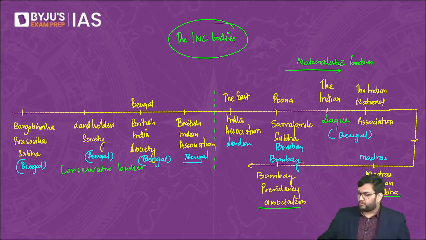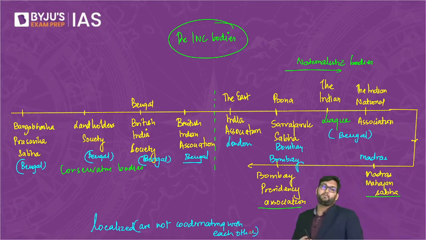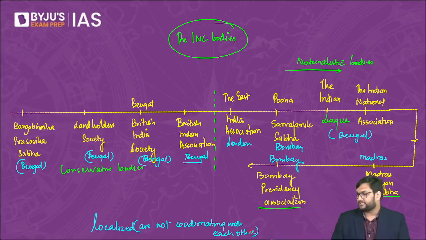But the problem of all these associations is that they're localized and not coordinating with each other. So I hope that you now understand why there was a need for an all India association. Because though there are nationalistic associations, they are scattered around. So the need for an all India association is there, and therein lies the origin of the INC.